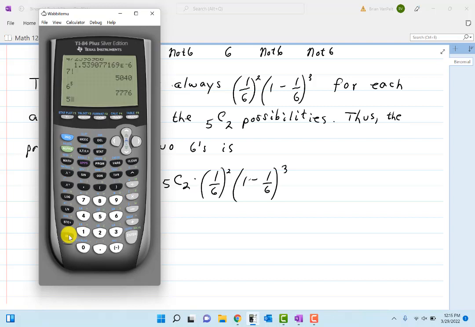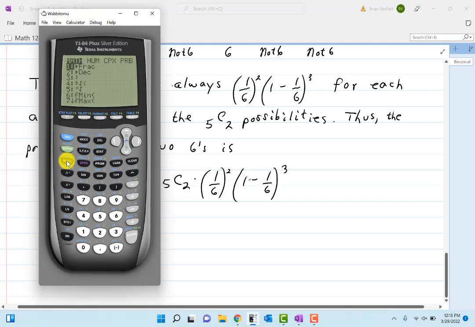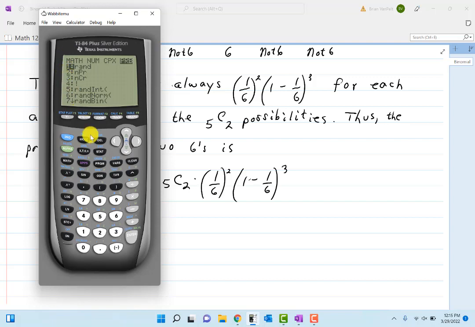So remember, you do 5, go up to math, go over to num, choose number 3, and then don't forget the 2 that's at the end of the thing. It's an annoying notation, but then I can do times, and then I could put parentheses, 1 divided by 6, finish that parenthesis.